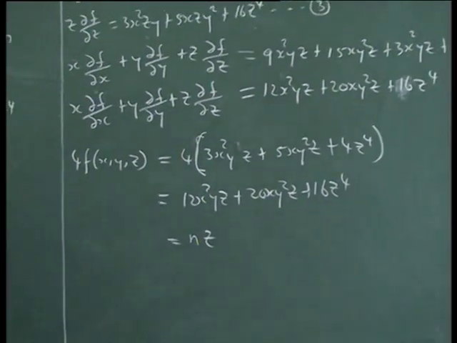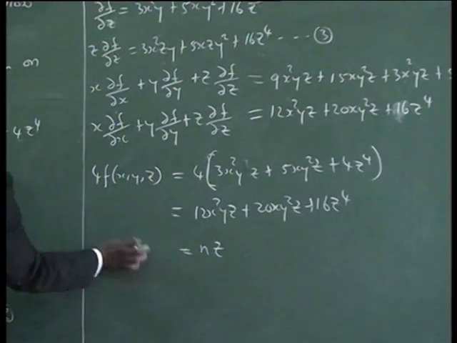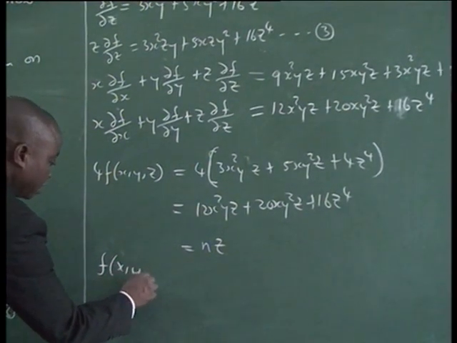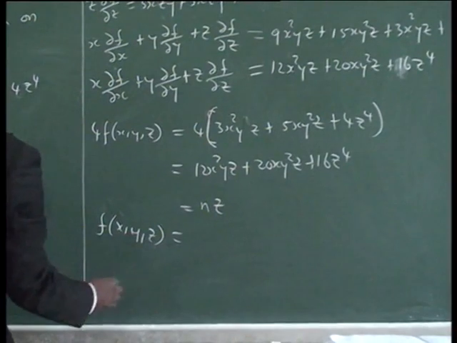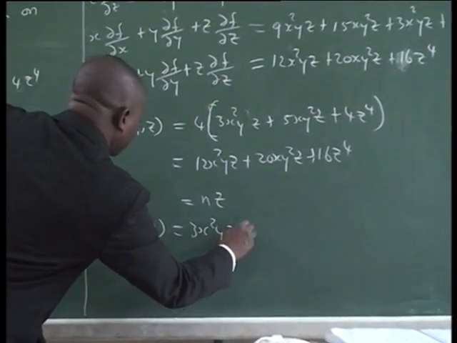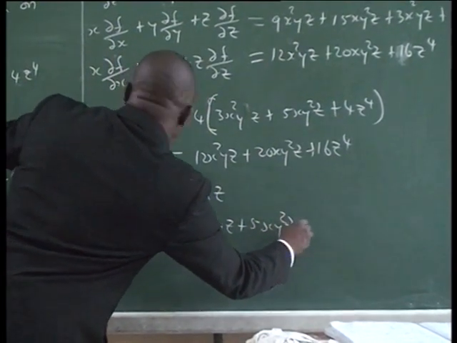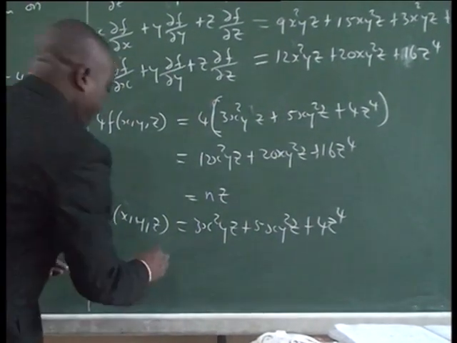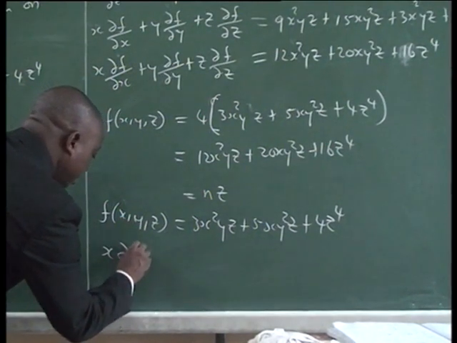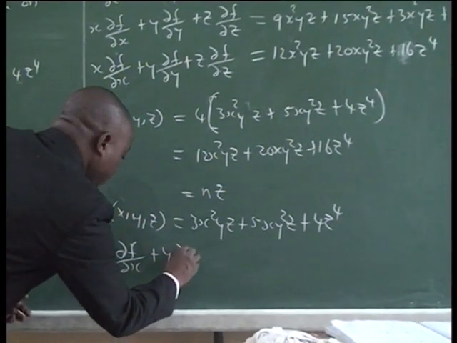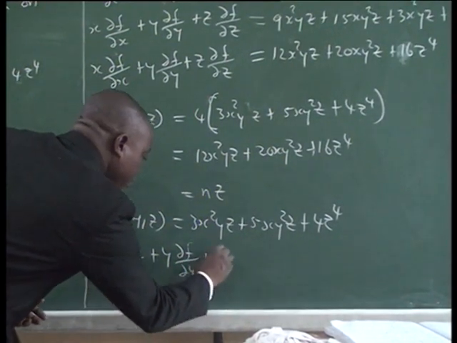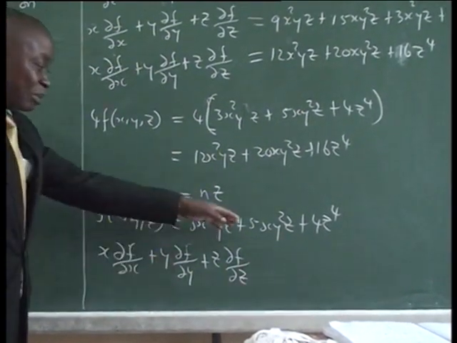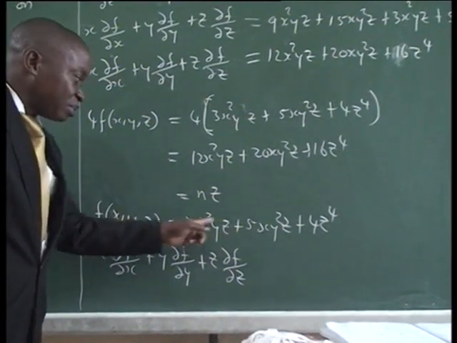So that means if I'm given this function f of x, y, z is equal to 3x squared yz plus 5x y squared z plus 4z raised to the power 4, and I am asked to find x partial f partial x plus y partial f partial y plus z partial f partial z, the best thing I will do, provided this is homogeneous, is to know the n, that is the degree of this homogeneous function.